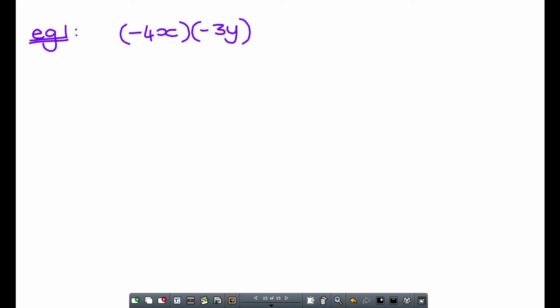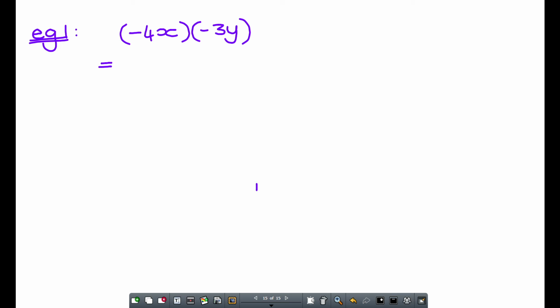When we've got two brackets directly next to each other, it means that we've got to multiply them with each other. So everything in the first bracket must be multiplied with everything in the second bracket. Okay, so what we're going to do is we first start with the coefficients and then with the unknowns.